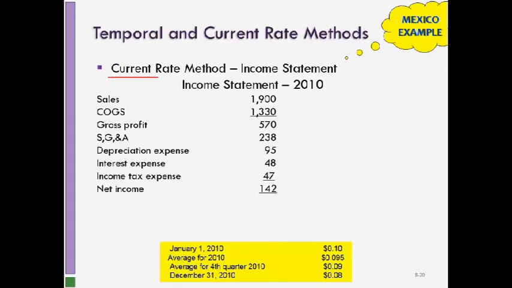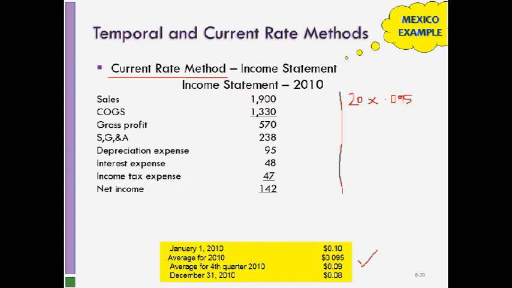We're using the current rate method to begin with for our Mexico example. Notice here are our exchange rates. Under the current rate method, what we are doing now is using the average rate for every one of these items. What does that mean? Well, we are multiplying the old income statement, so for example, sales was 20,000, and the 20,000 will be at 0.095.